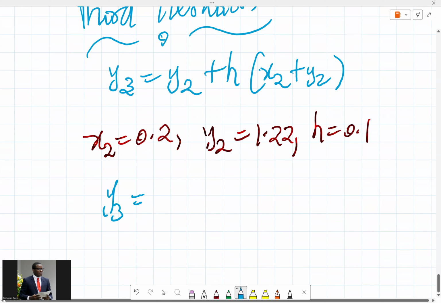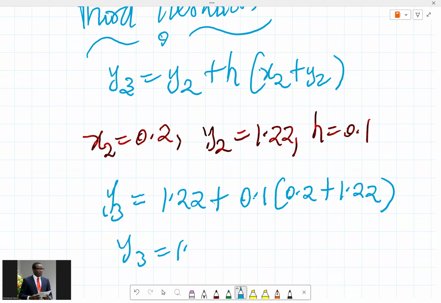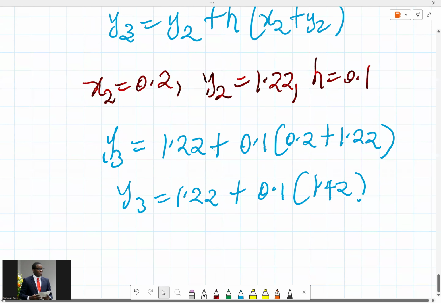Y3 is equal to Y2, that's 1.22, plus H 0.1 into X2 0.2 plus Y2 1.22. So Y3 now is equal to 1.22 plus 0.1 into 0.2 plus 1.22. That's 1.42.